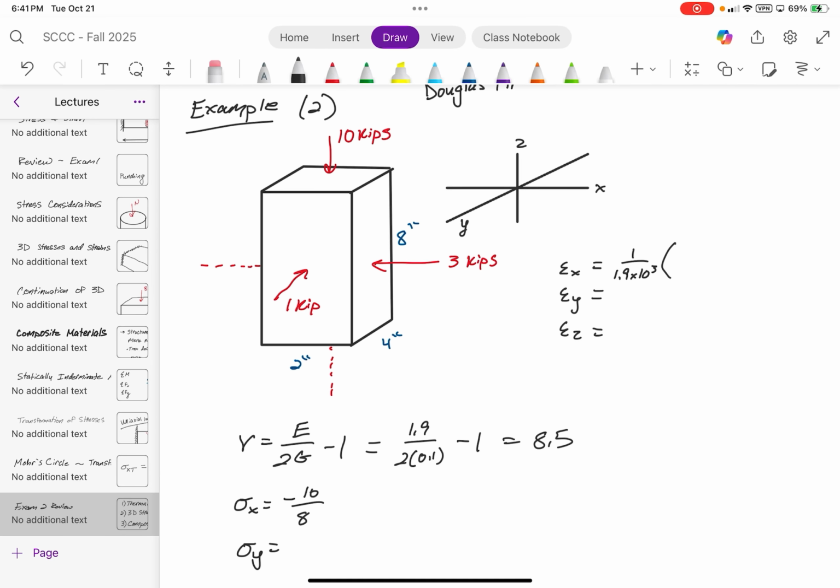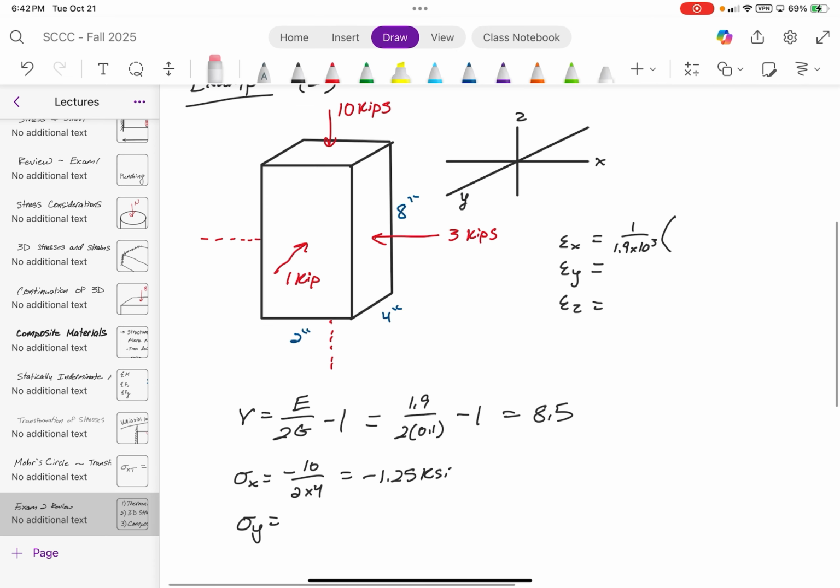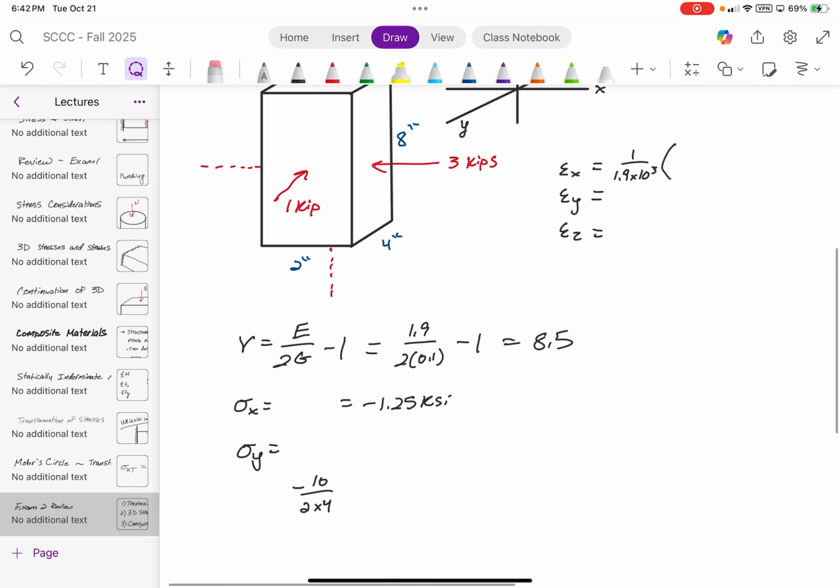Sigma y, I'll just write it out here to make it clear. 2 times 4, which is 10 over 8, so negative 1.25. Sorry, not that one. I am losing my mind. Nicole was right. That's sigma z.